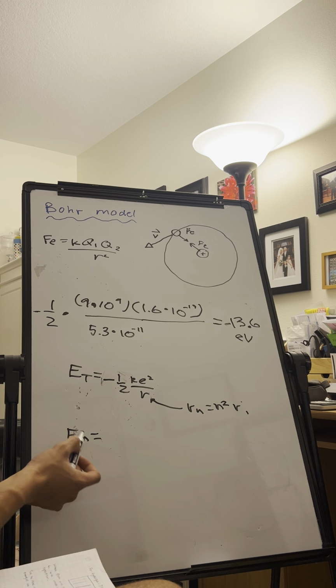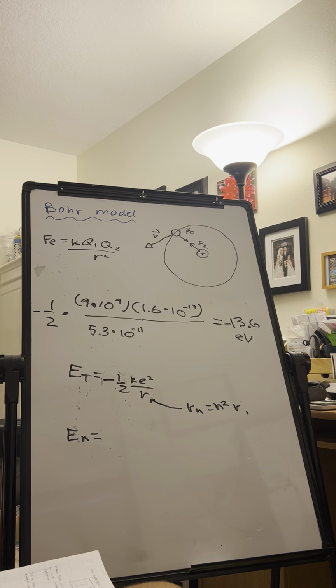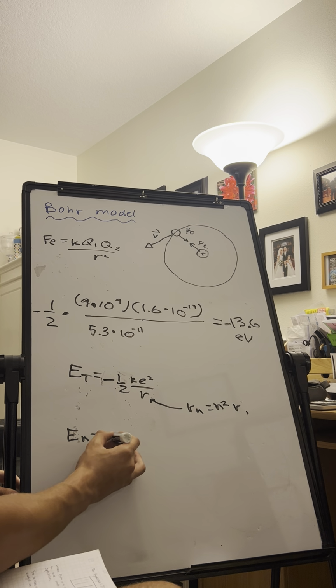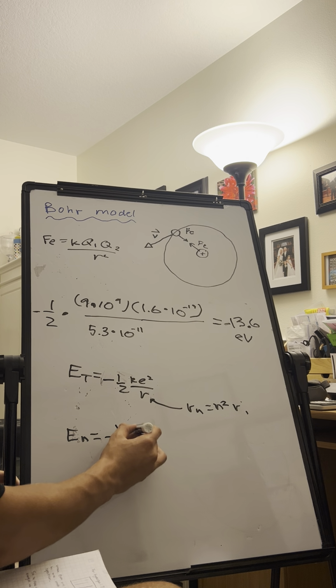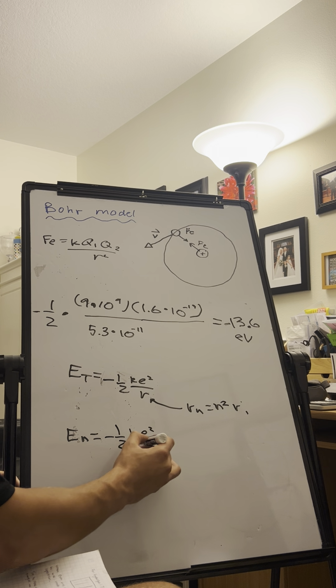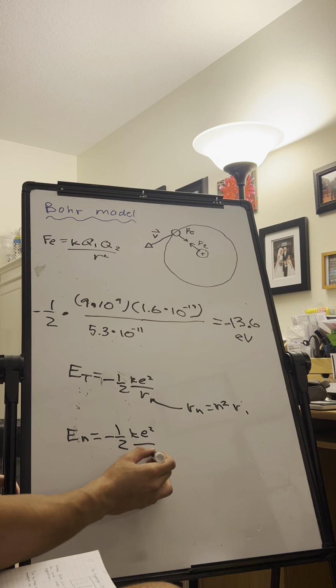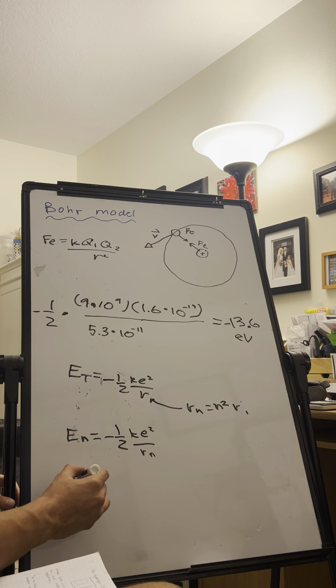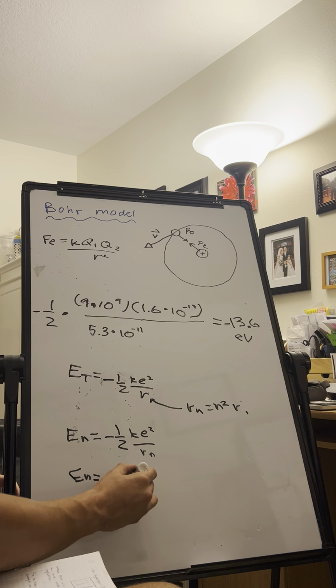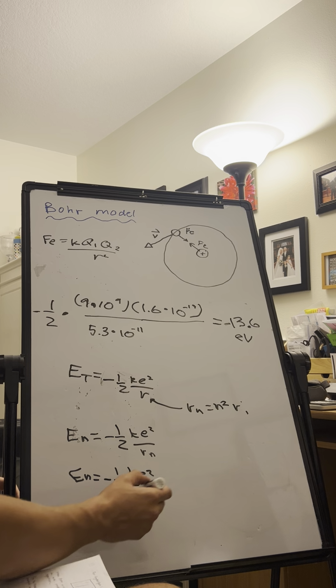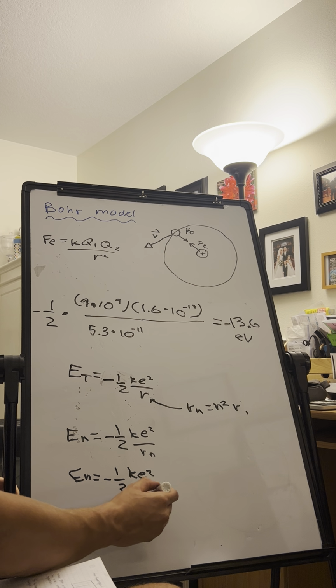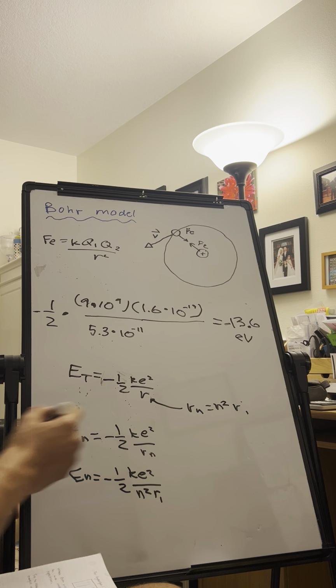The energy for the nth excited state is equal to negative 1/2 ke squared over Rn. So then we can plug in Rn, and we get that.